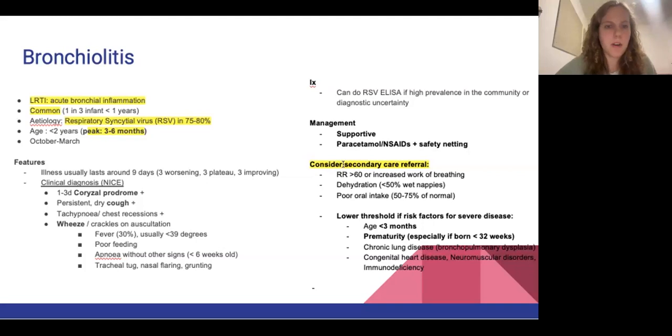And then if they're in GP, or if they're at the hospital, you might want to consider admission or referral if they have a high respiratory rate, signs of increased work of breathing, such as grunting and nasal flaring. If they're dehydrated, so for babies, it's if they have less than 50% wet nappies compared to their usual, or if they have a poor oral intake as well.